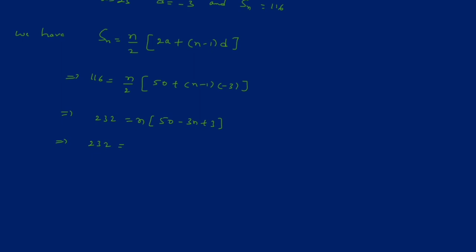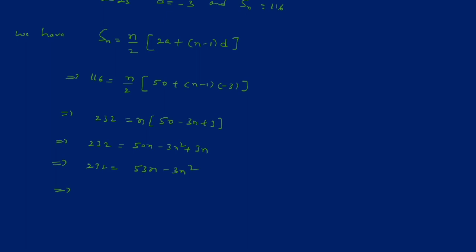So 232, just multiply n inside the bracket, what we get, 50n minus 3n square plus 3n. So after calculating, what we get here, 50n plus 3n is 53n, so 232 equals 53n minus 3n square, which implies, now it is in the form of quadratic equation, right?